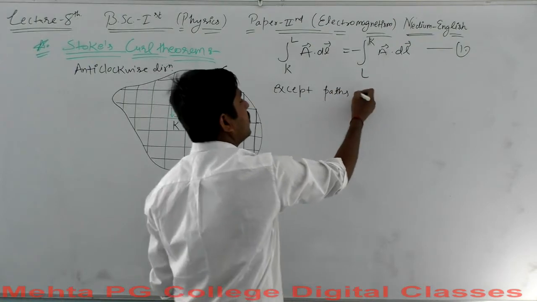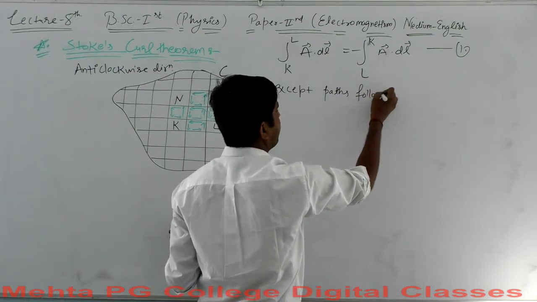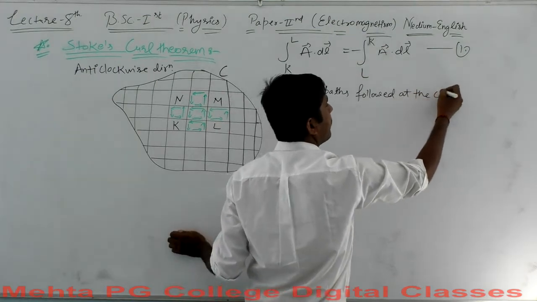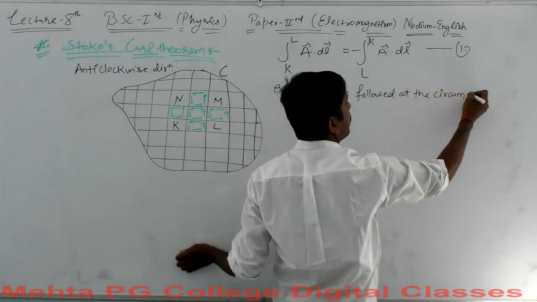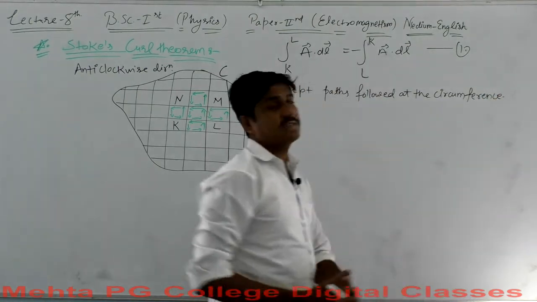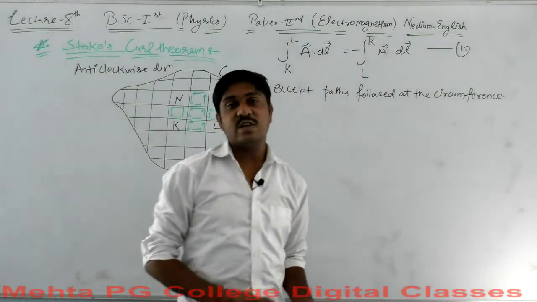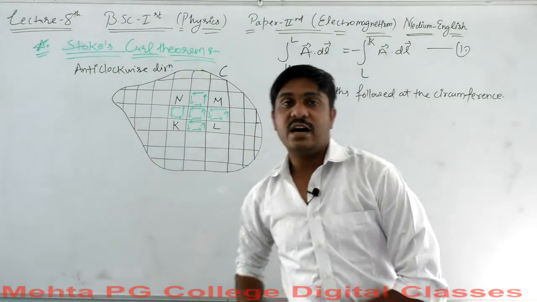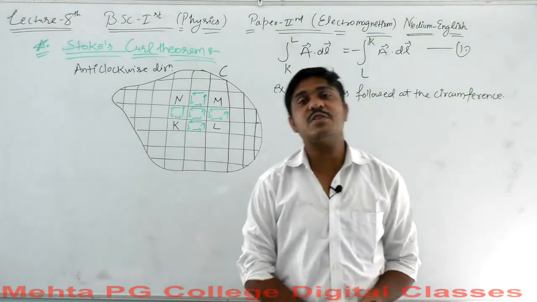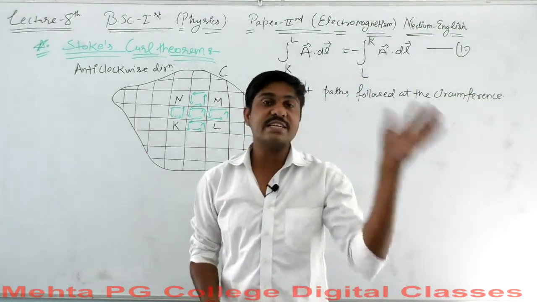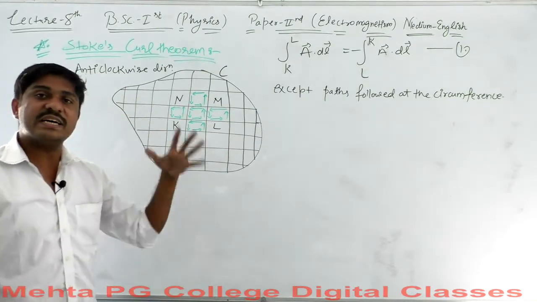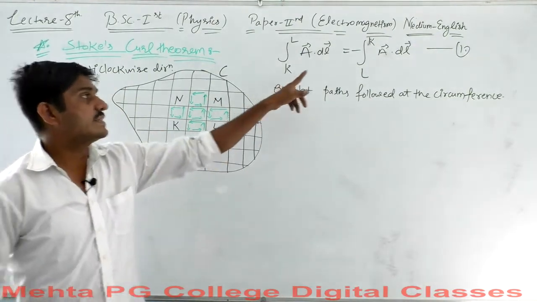Except for the paths followed at the circumferences. These paths have this kind of nature, except for those particles which follow their path on the circumference. The particles which are inside this particular surface will follow this rule.